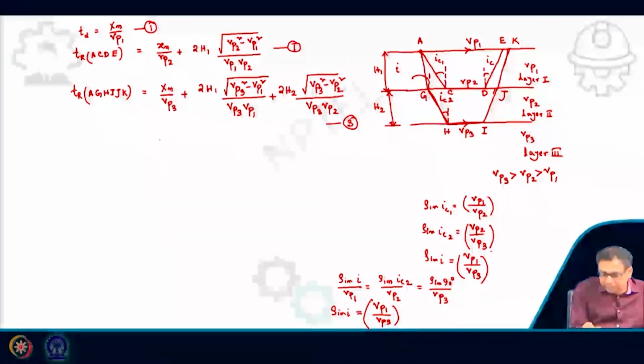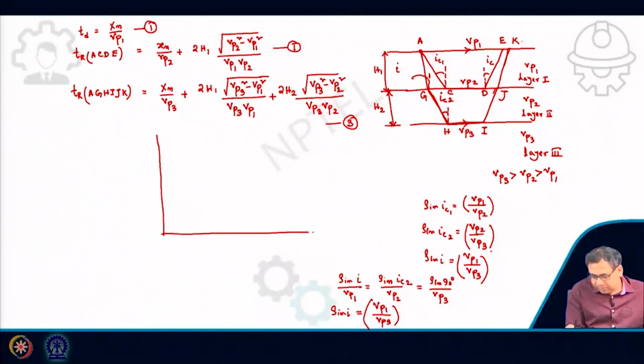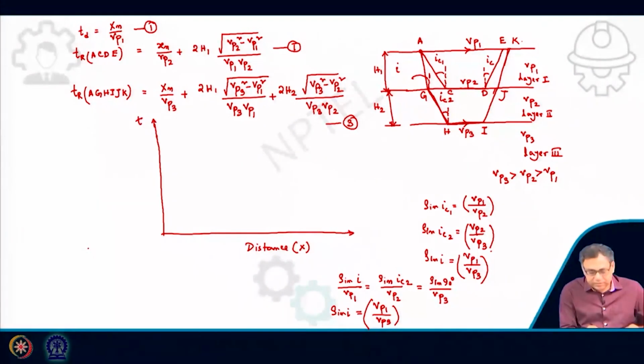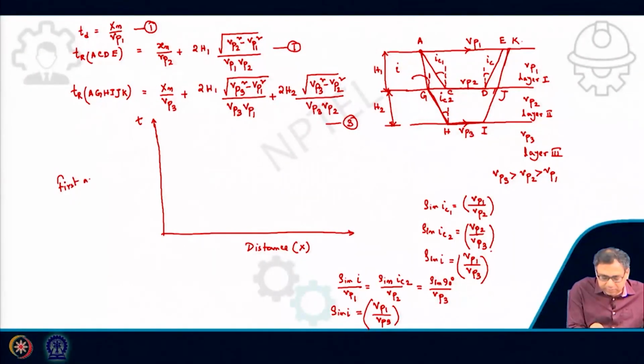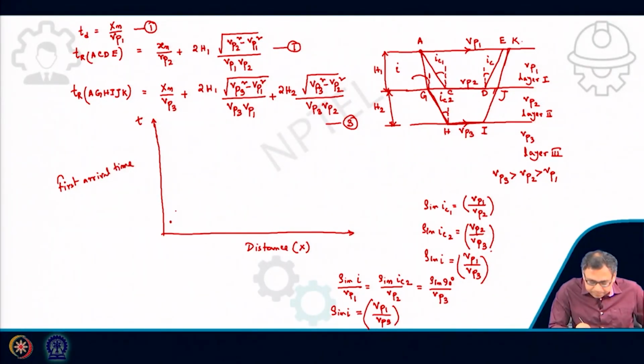Okay. Now, if I plot the distance x against the time t, that will be the first arrival time, you will see there are three distinct changes of the slope.